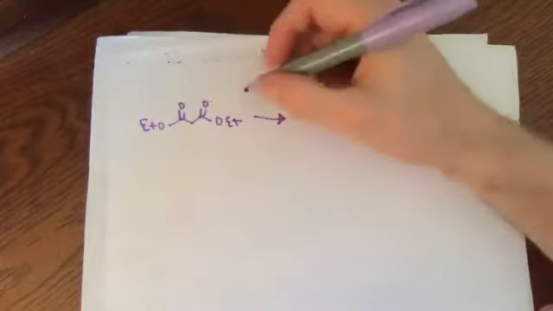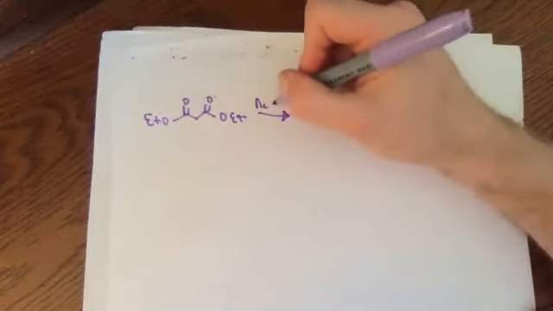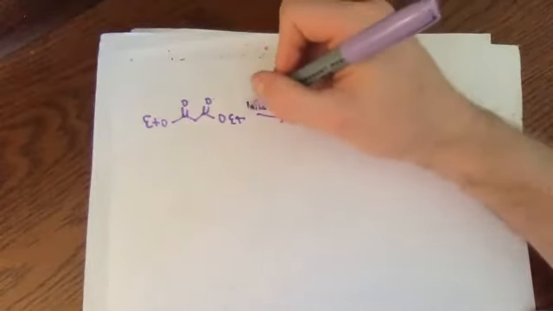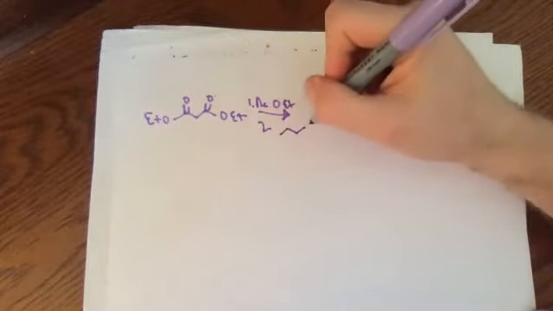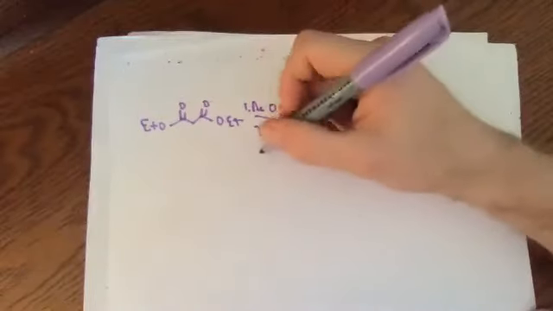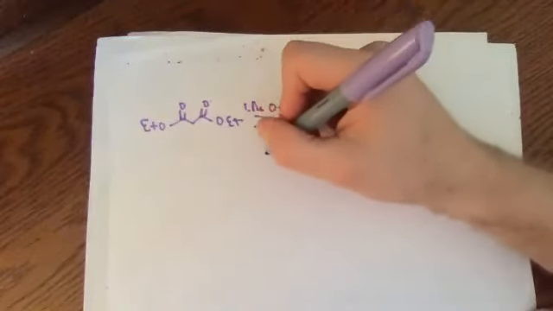We're going to throw in NaOEt, some sort of alkyl halide, looks like it's this bromopropane, and then H3O+, heat.